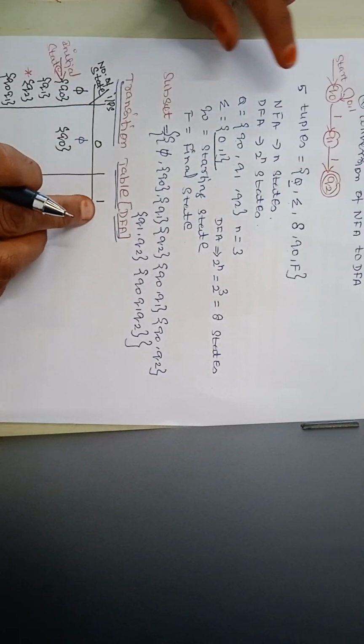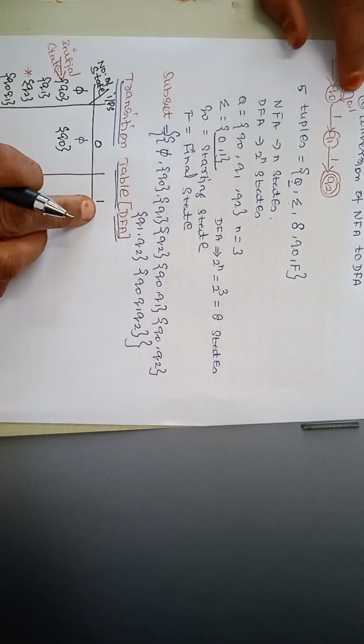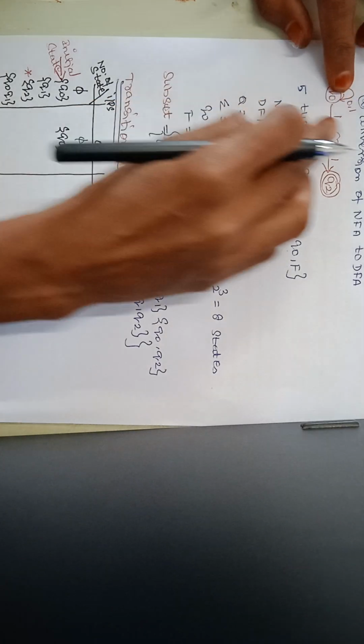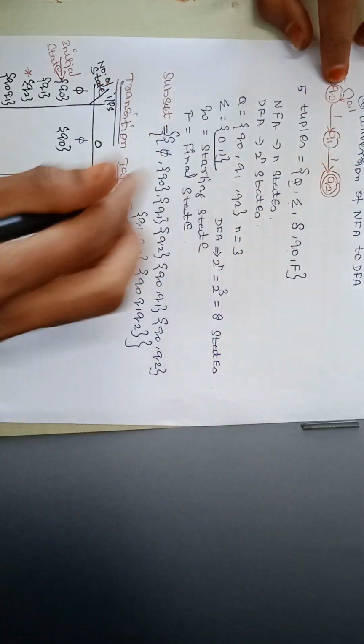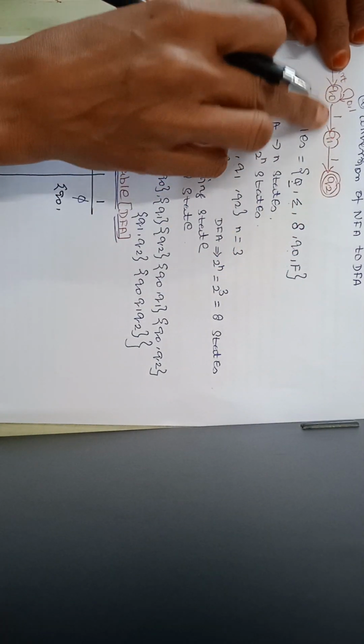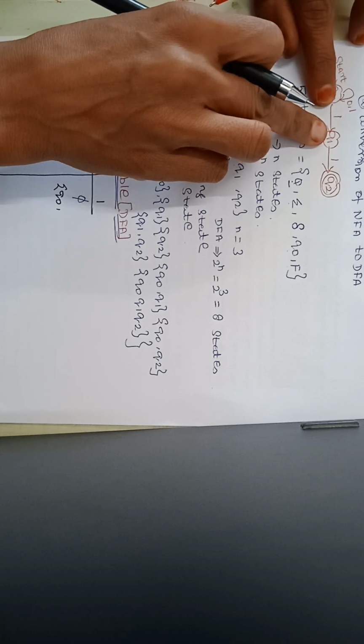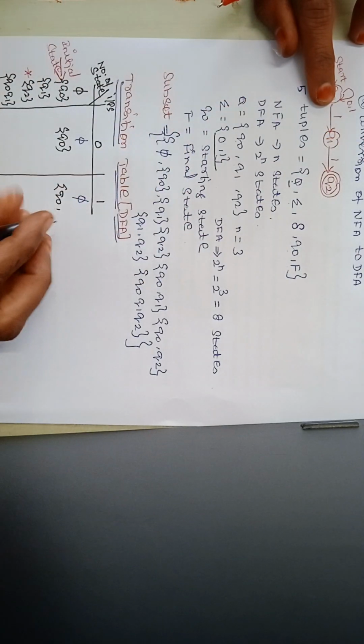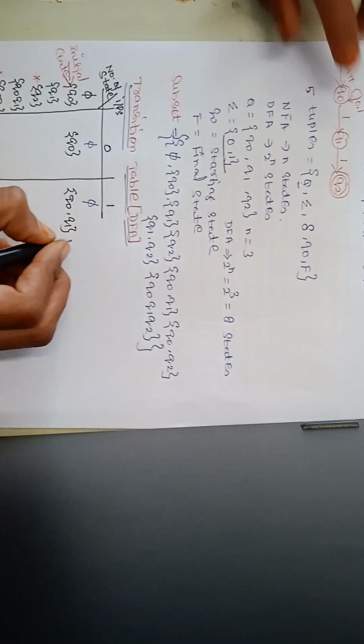Q0, 1 means the input symbol 1, the transition will occur to Q0, and also on 1 the transition will occur to Q1. So therefore Q0, Q1.